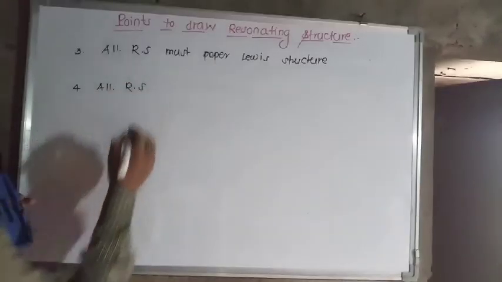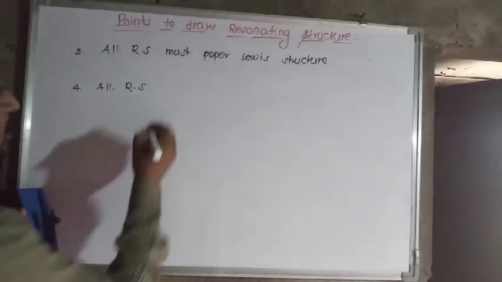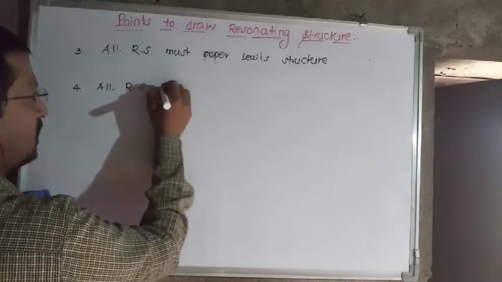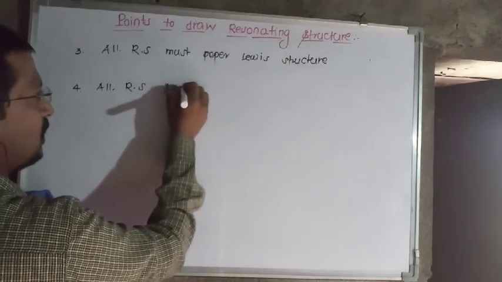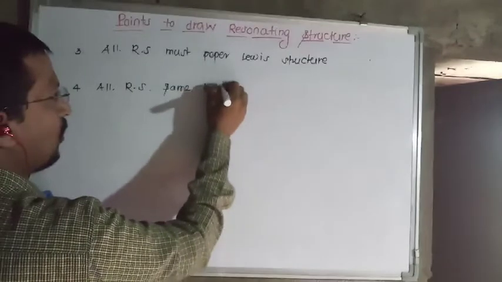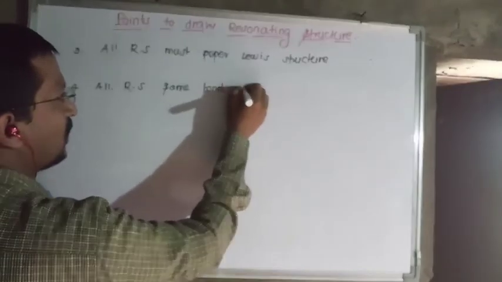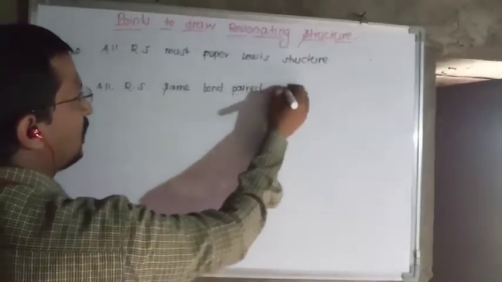Then next, all resonating structures must have the same number of bond paired electrons.